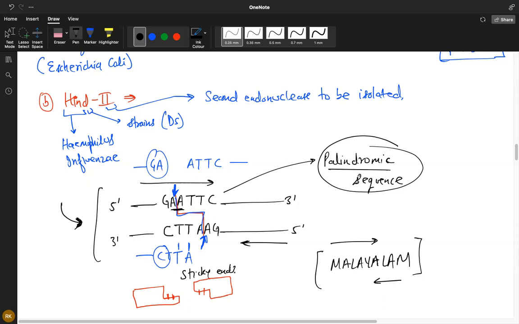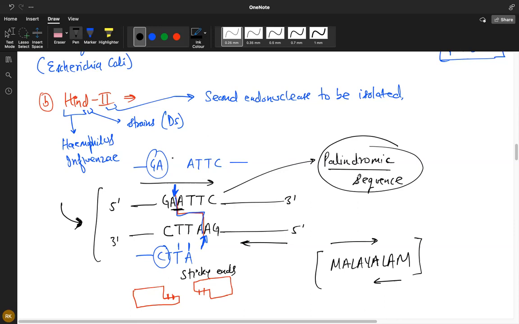Sticky ends are very important to use this as a tool, because when you use restriction endonuclease and cut a DNA, you can ligate it back with another DNA fragment, and that's how we put our gene of interest into the plasmid when we cut it through restriction endonuclease.